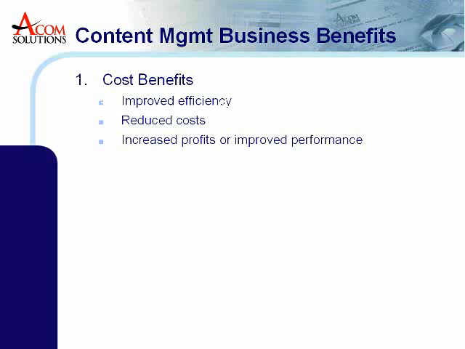Why are people looking at these things and making investments in this technology? There are three main business benefits. The first one, and probably the most significant one, is there are serious cost benefits associated with implementing content management technologies, which is why practically every large company has one, in fact, in many cases, multiple content management systems.